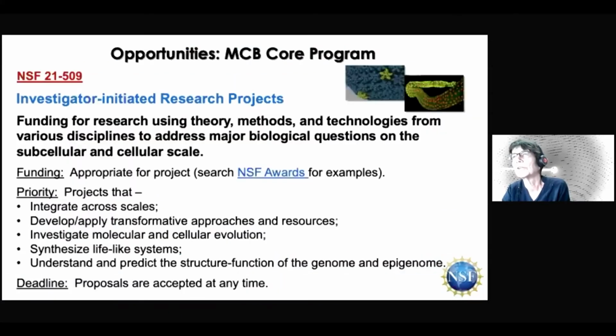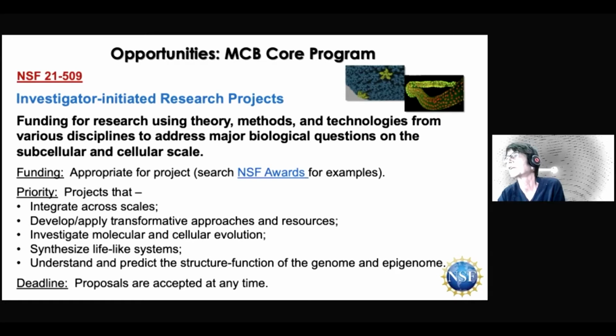Okay, the next slide. We're going to highlight some solicitations, or types of funding opportunities, that we have. What you've heard so far is that MCB has 4 clusters, and that we fund theory, methods, and technology research as a whole.